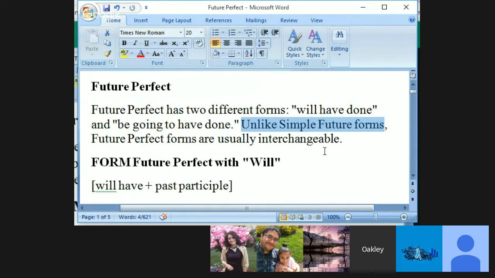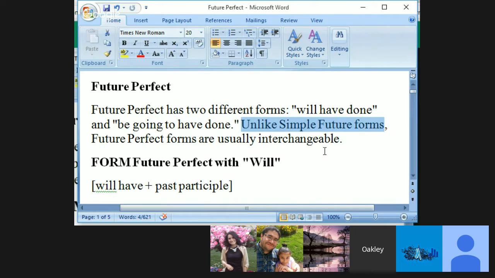Simple future forms, which are will do and be going to do, you do have to somewhat concern yourself with the use. In general, you use the going to form to talk about a plan, a future action that has been thought of previously, and you tend to use the will form for something you just thought of now, or to volunteer, make offers, accept offers, reject offers.